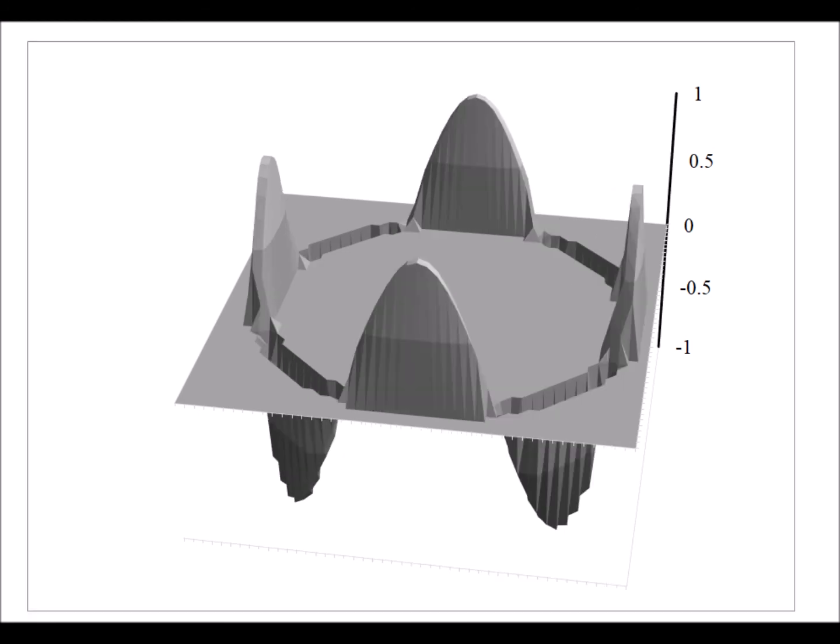And for our final example, here we have the real part of the rigid rotor particle on a ring wave function when m sub l is equal to 4.